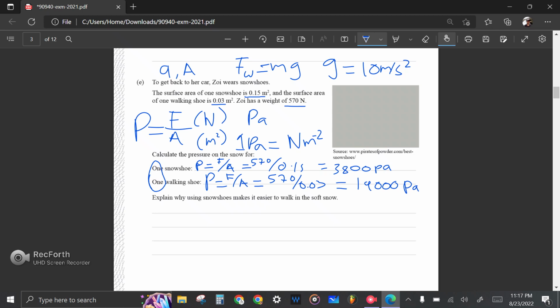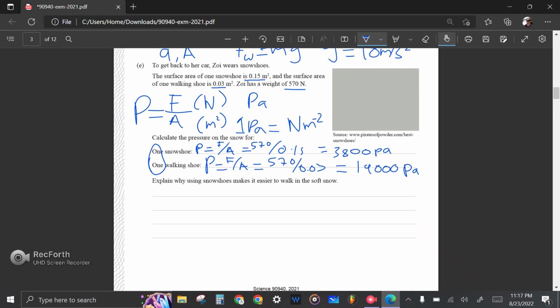Now, this next part is to explain why using snowshoes makes it easier to walk in the soft snow. We know that her weight force remains constant, and the only thing that's changing here is the area. The snowshoe has a greater area than the walking shoe, and hence her constant weight force is divided over a greater area.